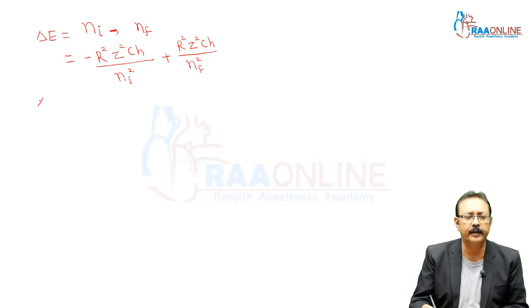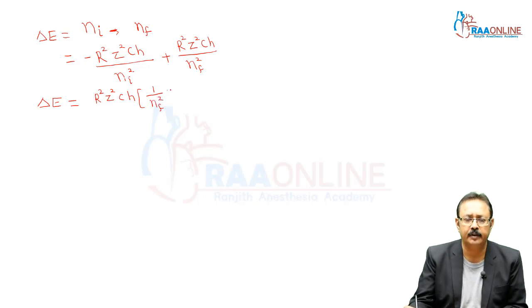So the electron will emit a photon of energy, taking RCH and Z square, all that common: 1 upon Nf square, the final destination, minus 1 upon Ni square, where it is coming from.